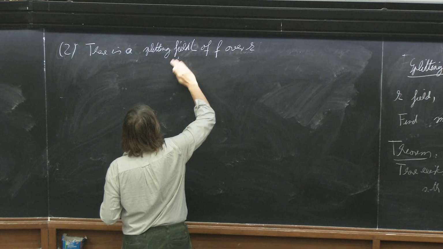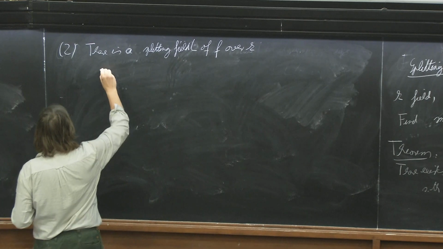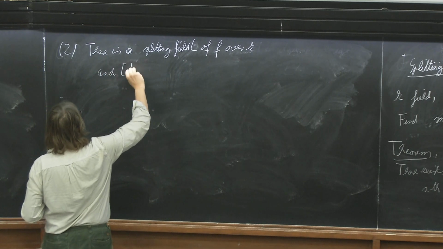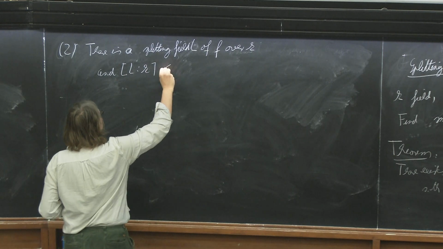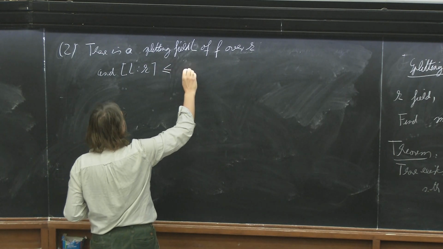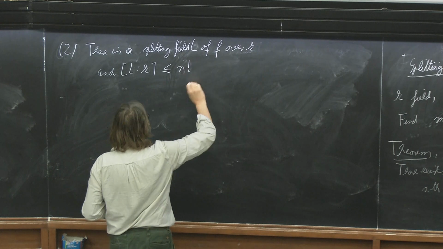there exists a splitting field L, and the degree of L over K is smaller or equal to n factorial.